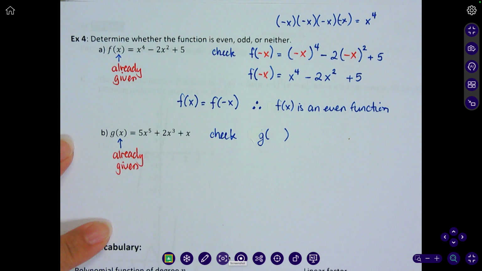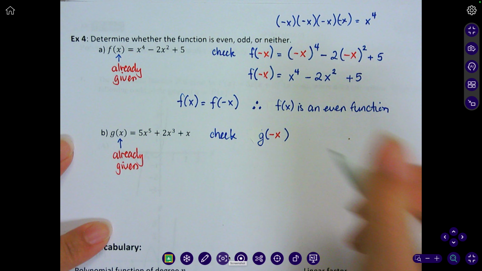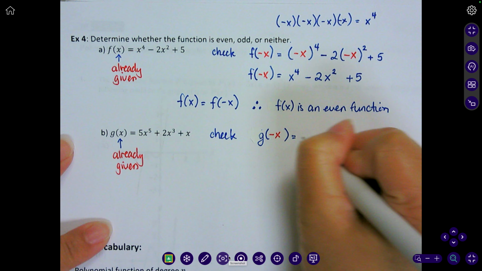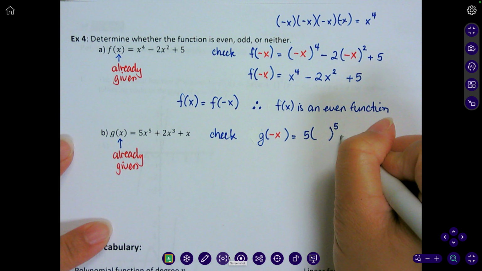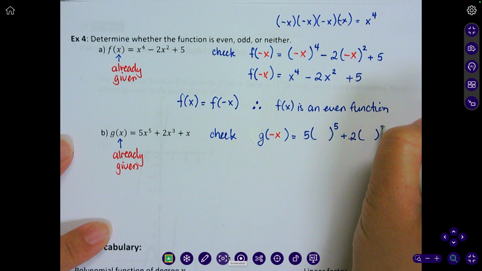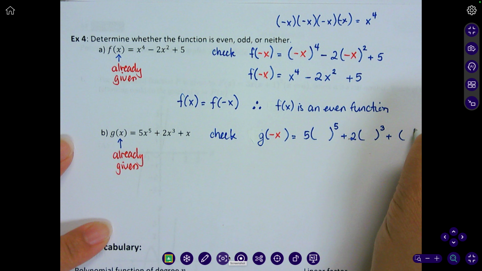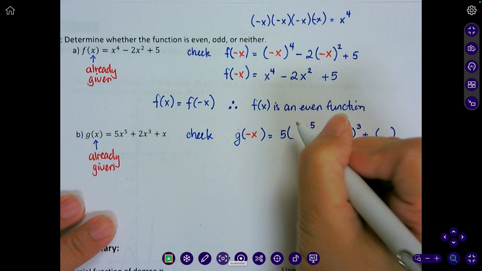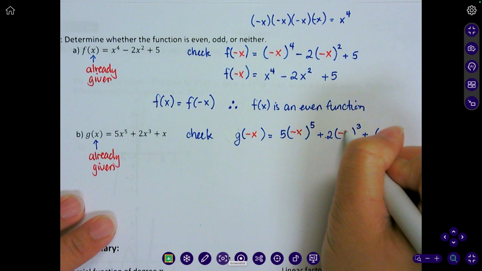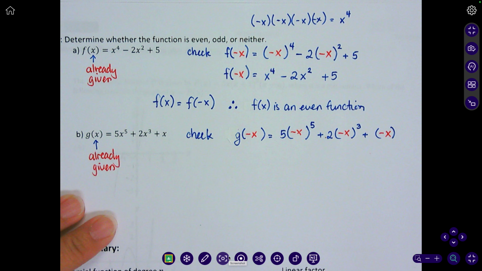Now I want to plug in the negative of the x. So now I have 5 x to the 5th power plus 2, and then x to the 3rd plus the x. So every time I see x, I'm going to put parentheses. That's a negative x, a negative x, a negative x.